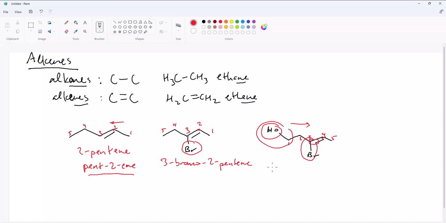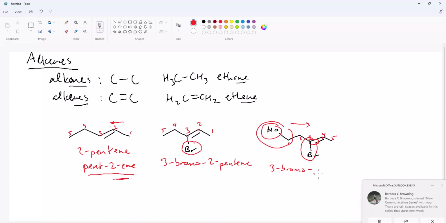So we'd start with our 3-bromo. And the way we number, since alcohol adds "ol" to the end and alkene adds "ene" to the end, since alcohol has priority, we're going to end with "ol" and put the "ene" in the middle.